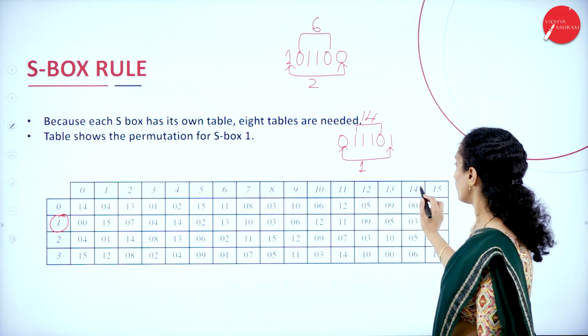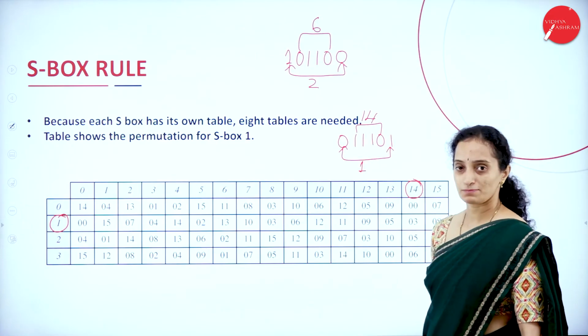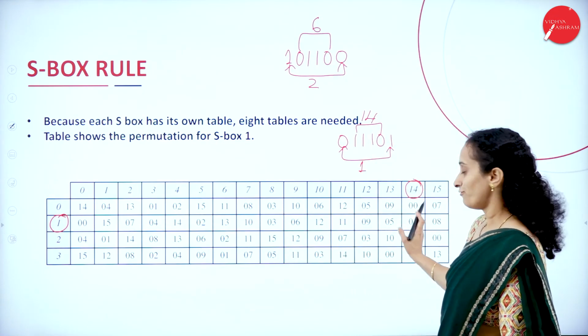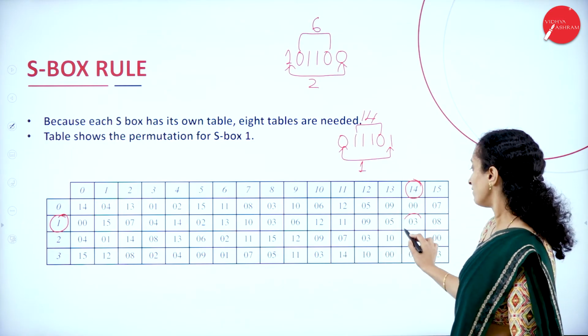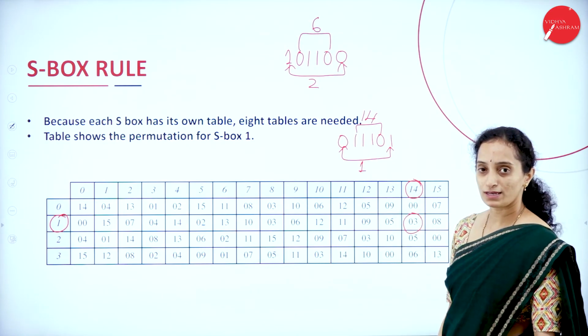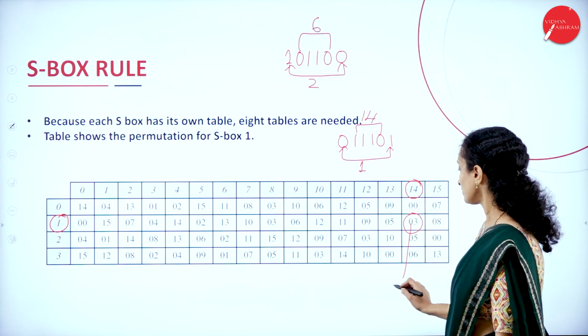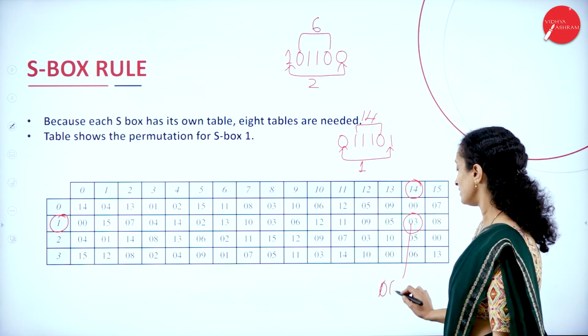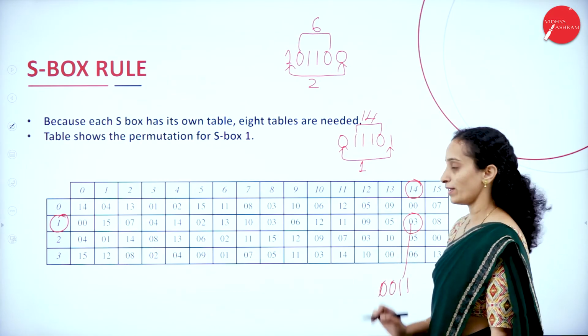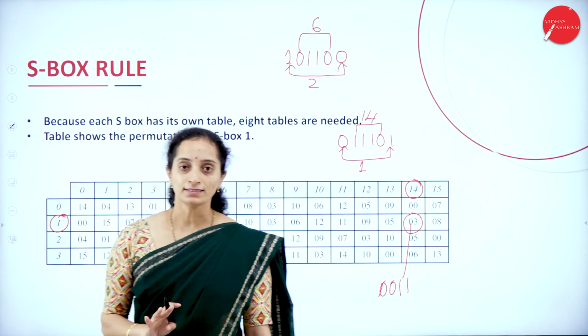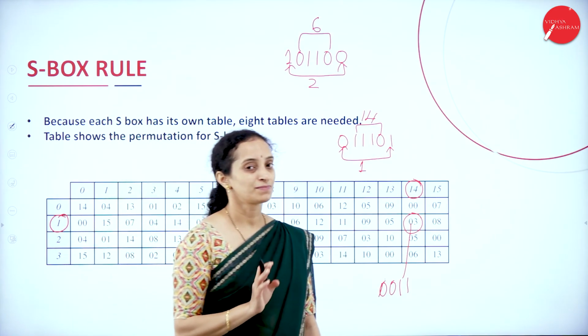That means the 2nd row and 15th column. The value is 3, so the output will be 0, 0, 1, 1 with 4 bits.